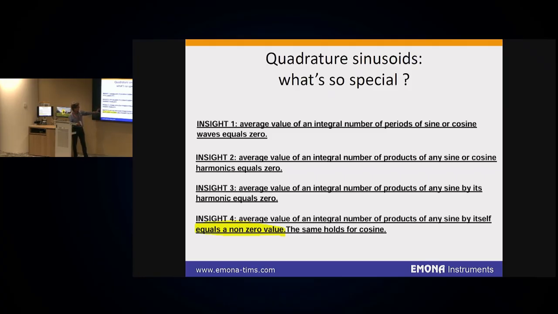a non-zero value. So finally, we can see that sinusoids and cosines are independent of each other unless they are the exact same frequency and phase. This insight number 4 is the basis for orthogonality and the ability to extract frequencies in an FFT.